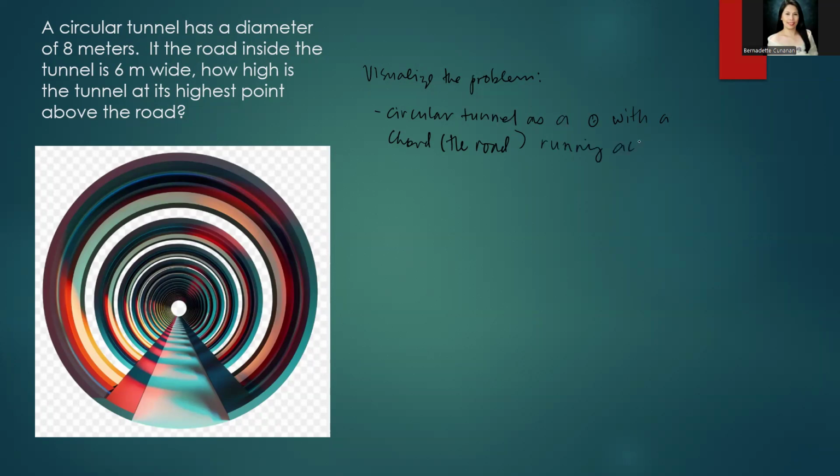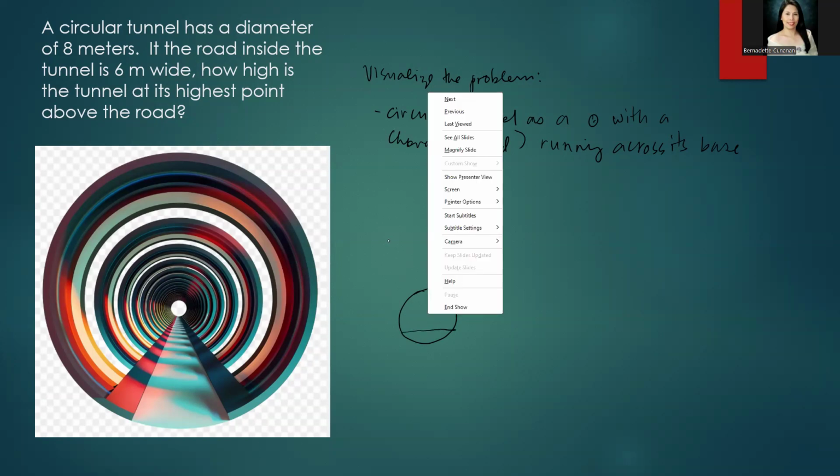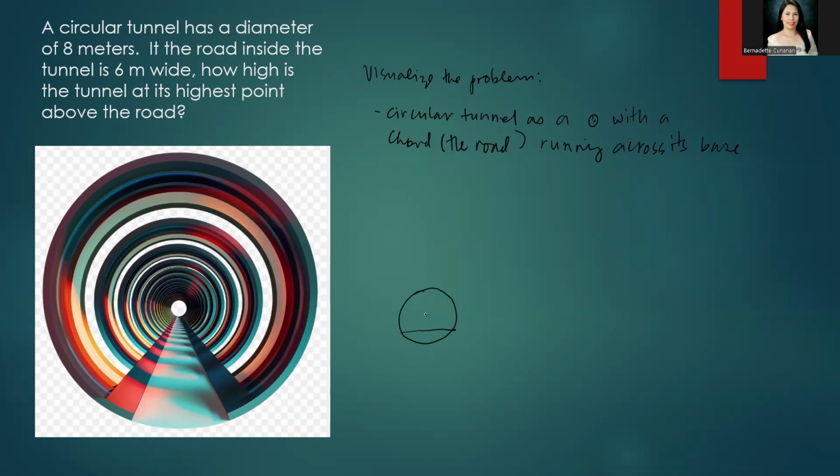So basically, if we have this circle here, and then we have the road here, and then this is the center of the circle, for example, here, and then the highest point of the tunnel corresponds to the center of the circle.